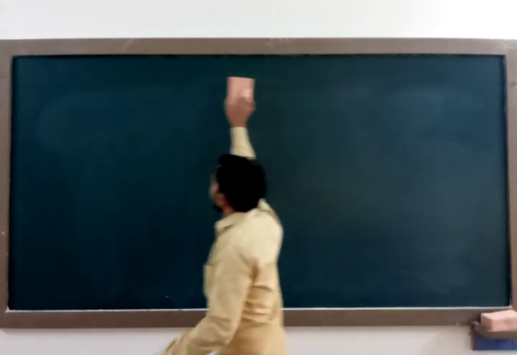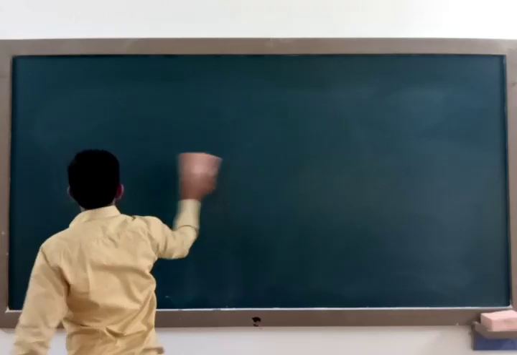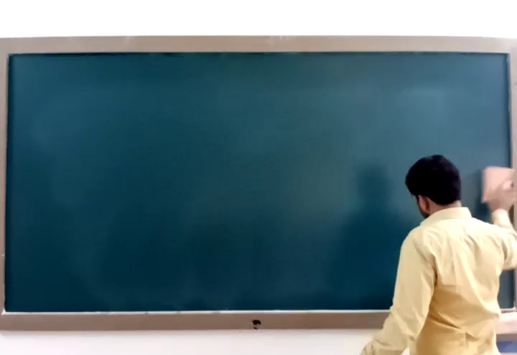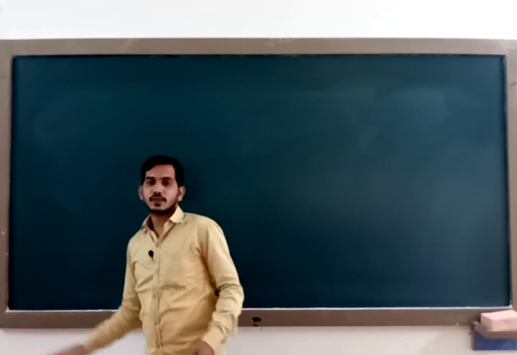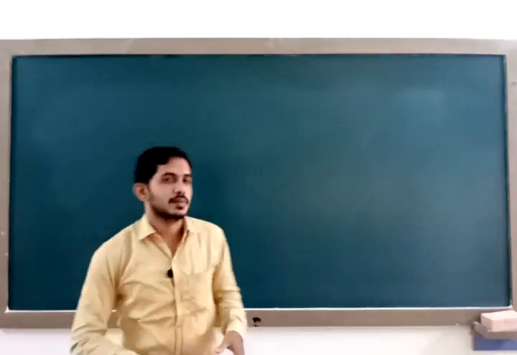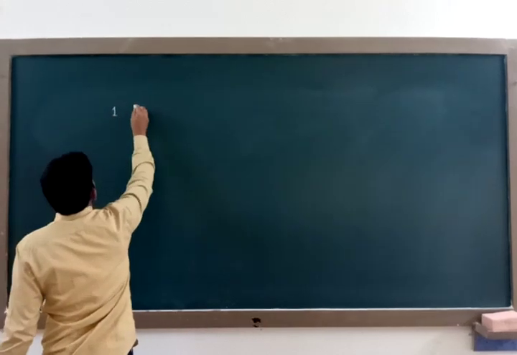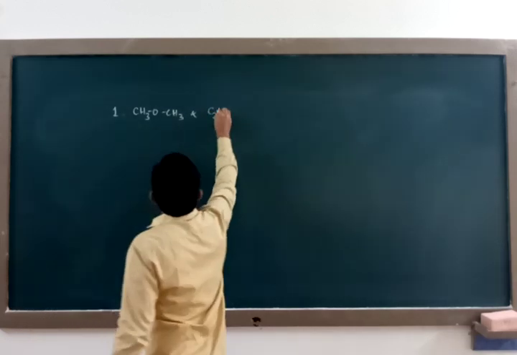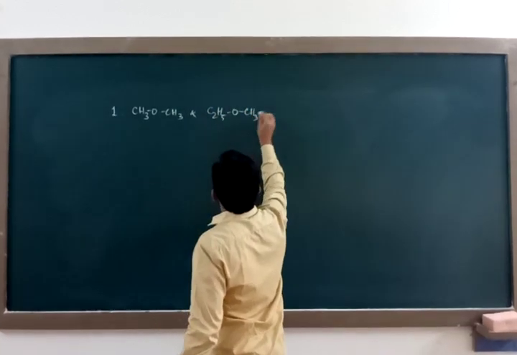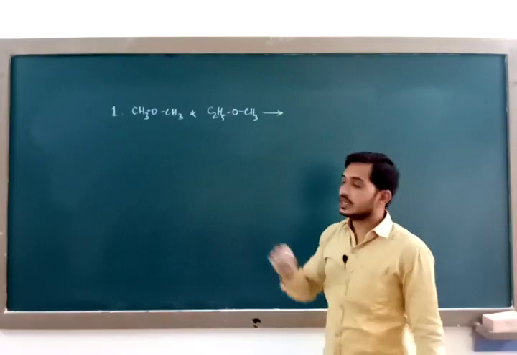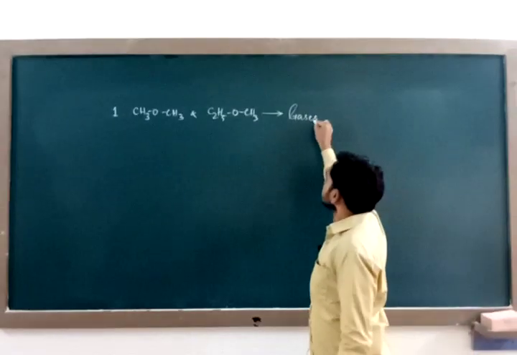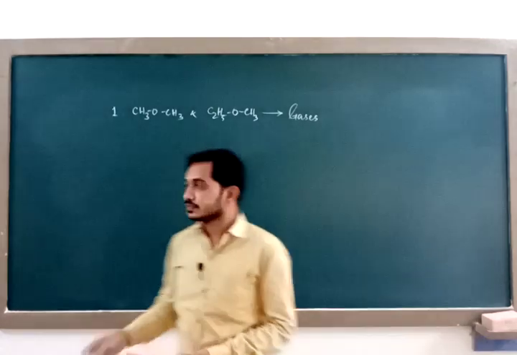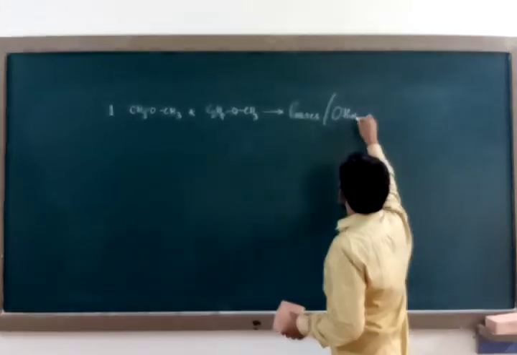When it comes to physical state, dimethyl ether, which contains only 2 carbons, and ethyl methyl ether, 3 carbons, only these 2 ethers are gases. The rest of all the ethers are liquids.